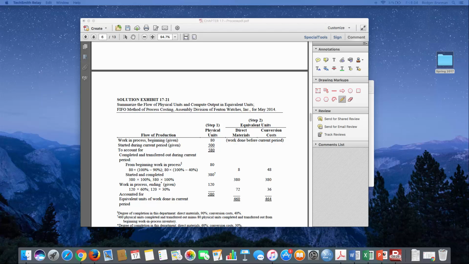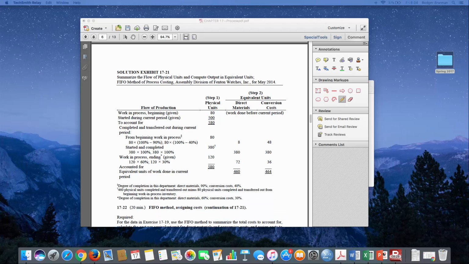Okay, now number 21 and 22 look at FIFO. And FIFO is not super difficult, but what FIFO is fundamentally measuring, as opposed to weighted average, is the amount of work done in the time period.